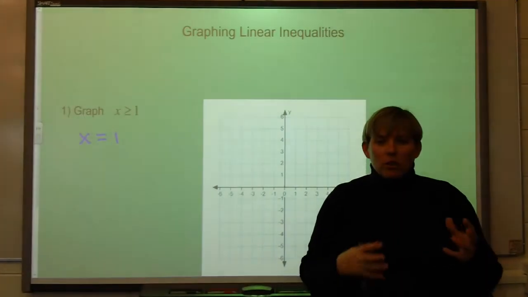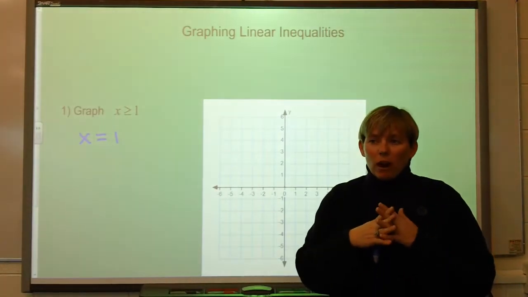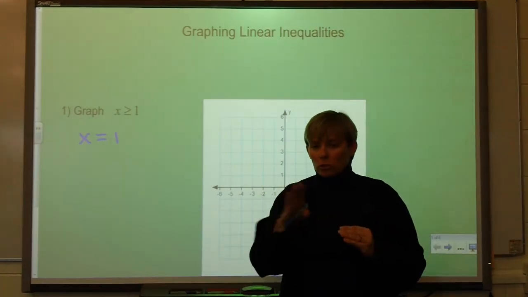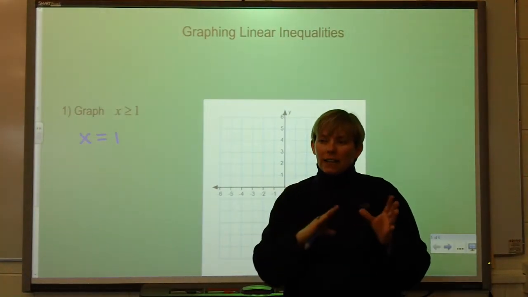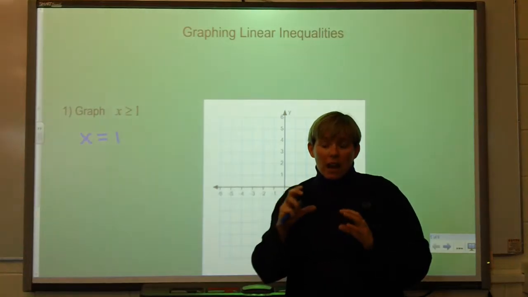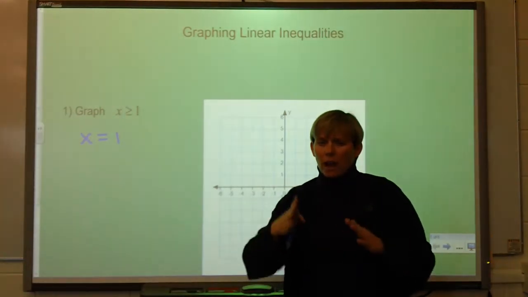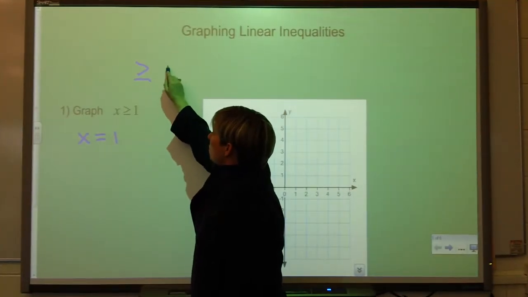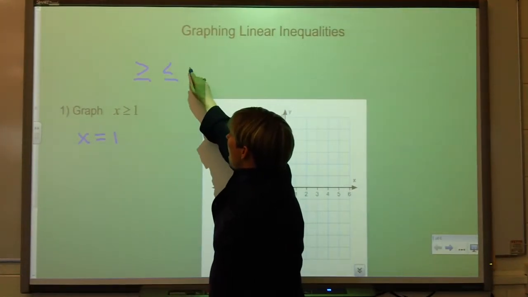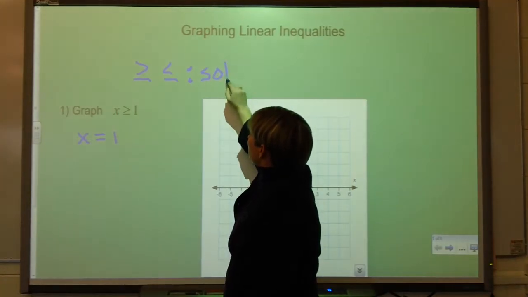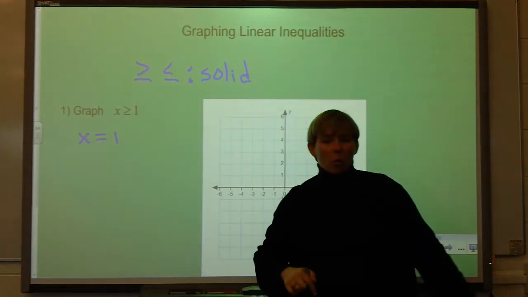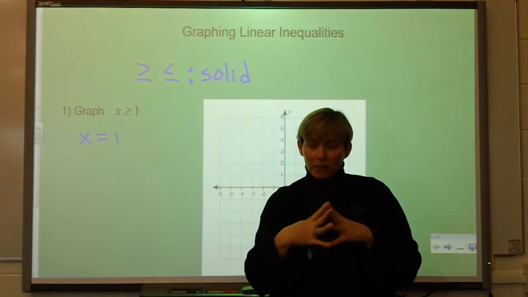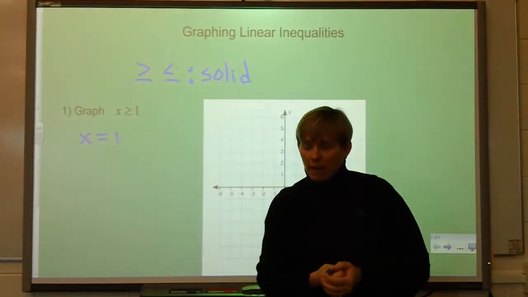I only need to think about, okay, when we were graphing these on number lines, if we had greater than or equal to or less than or equal to, we had a closed-in circle. If I had less than or greater than, I had an open circle. So how am I going to show that on an actual line? Well, if I have greater than or equal to or less than or equal to, I'm going to do a solid line, because I'm saying I want to include all of the solutions that get as close to that line as I possibly can, and include that line.